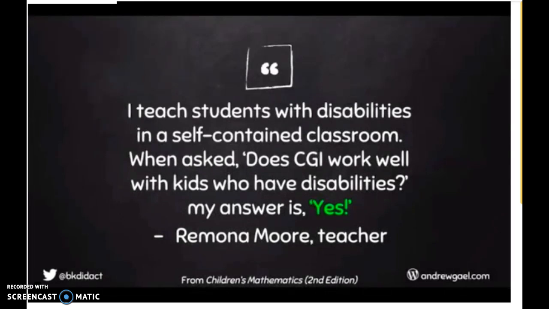What I'd like to do is turn most of your thinking to be like this teacher who was quoted in Children's Mathematics. "I teach students with disabilities in a self-contained classroom. When asked, does CGI work well with kids who have disabilities? My answer is yes." I'd like to turn most of your expectations from thinking that your students can't work with CGI in your classroom to this answer of yes.